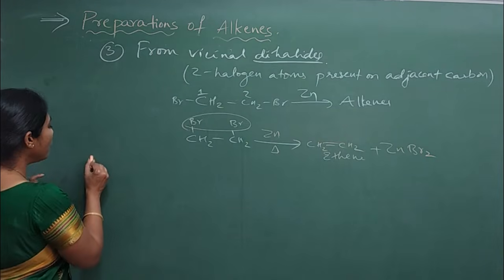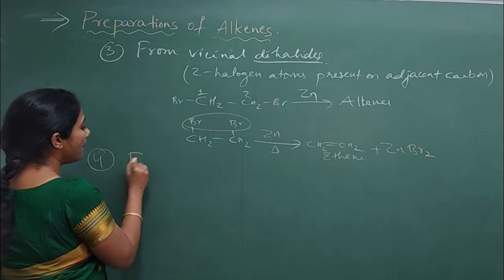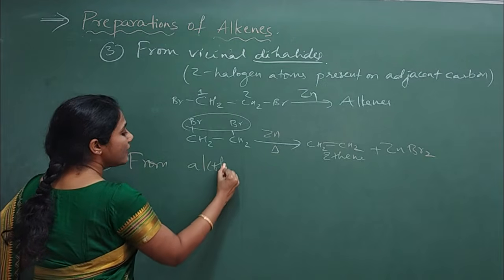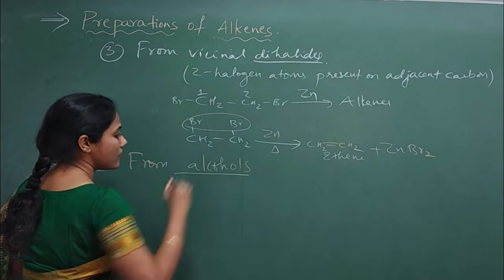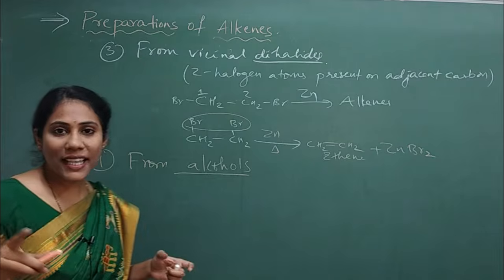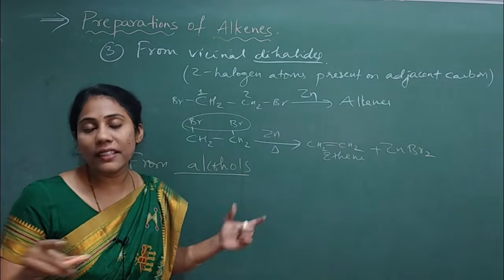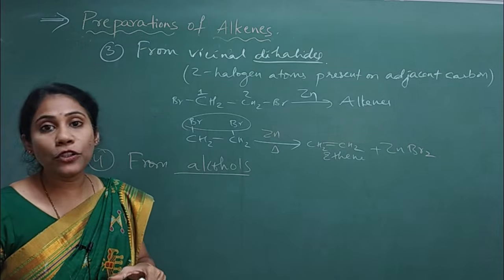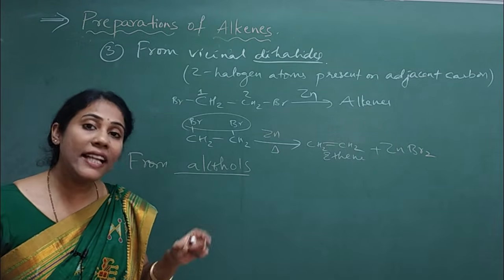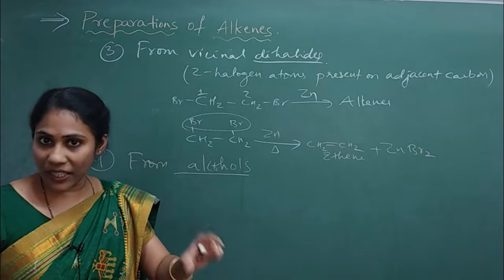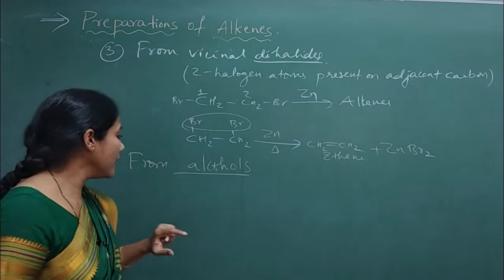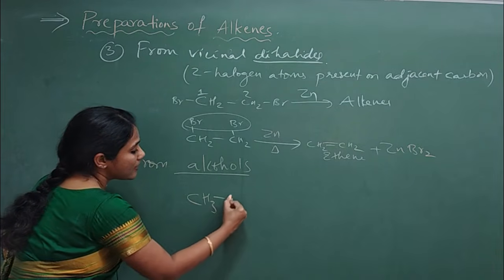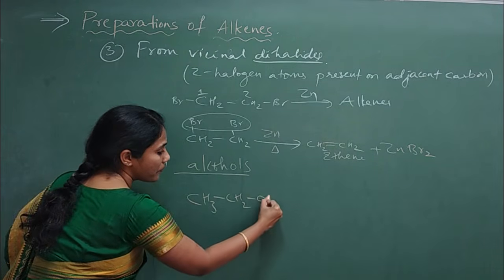And coming to our fourth method, that is from alcohols. You can also prepare alkenes from alcohols. So this is just like the second method that we studied. What did we do there? Beta hydrogen we removed, along with that halogen, isn't it? Similarly, when we take alcohol, let me take CH3CH2OH.